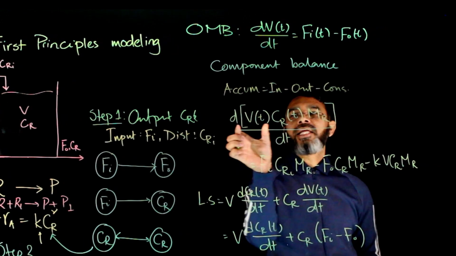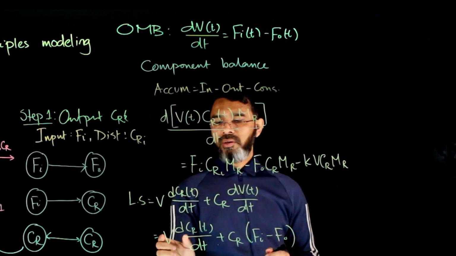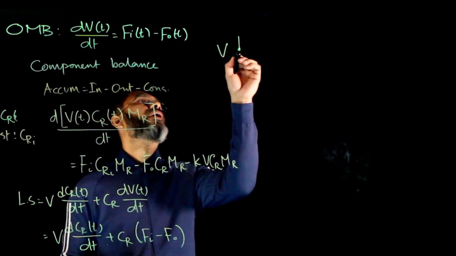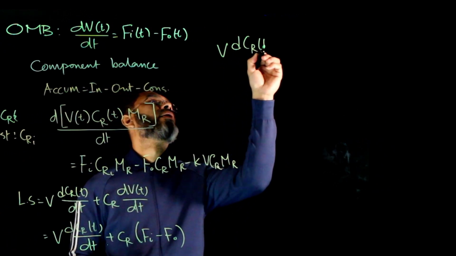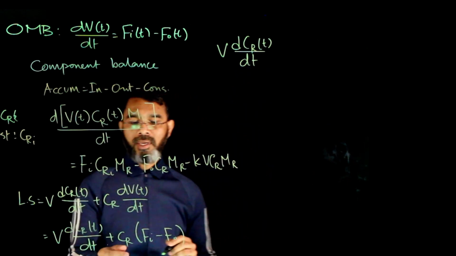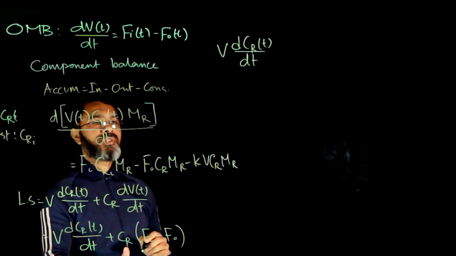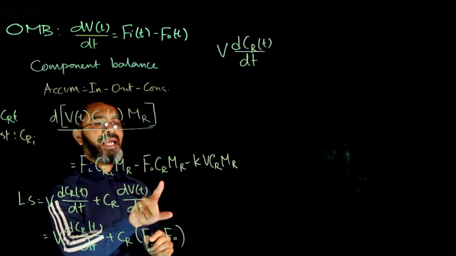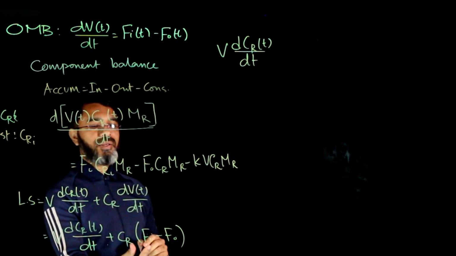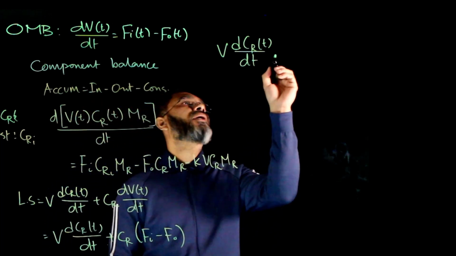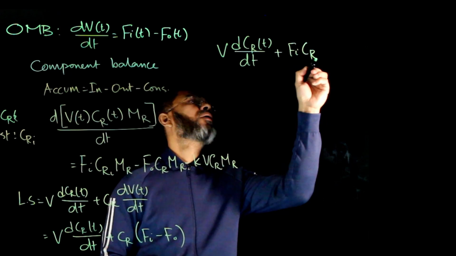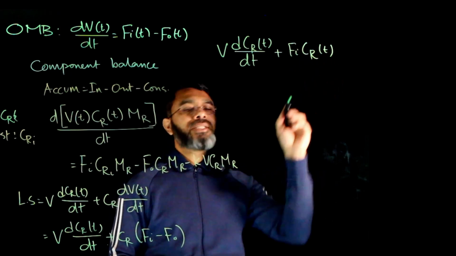So we'll get the entire equation as, on the left side, V dCR/dt plus the F0 CR term gets cancelled. We'll have the term Fi CR if we write CR.